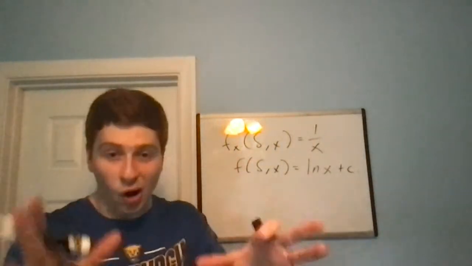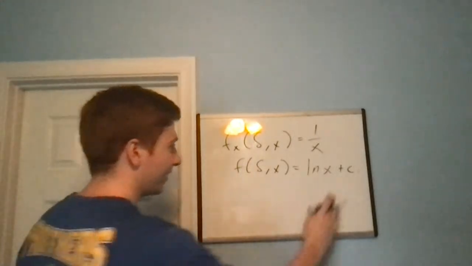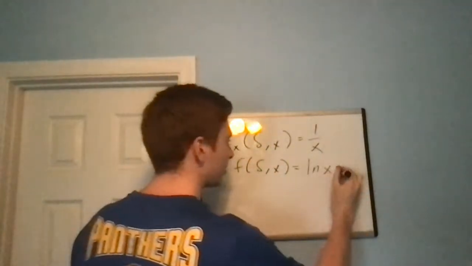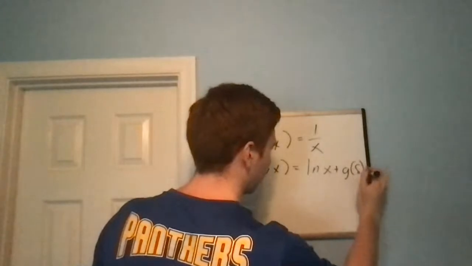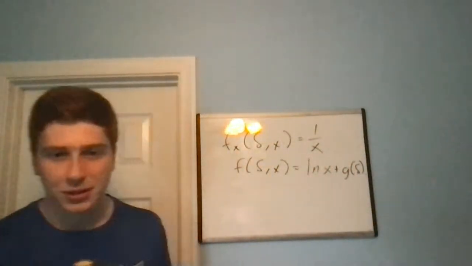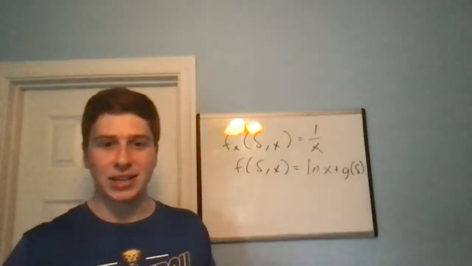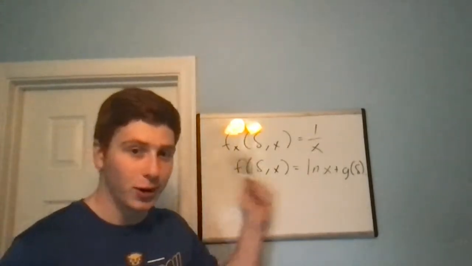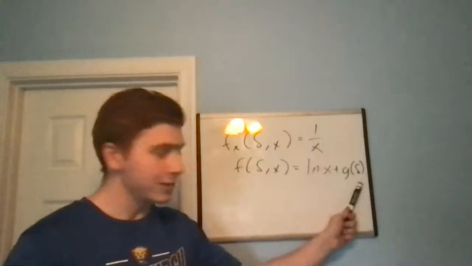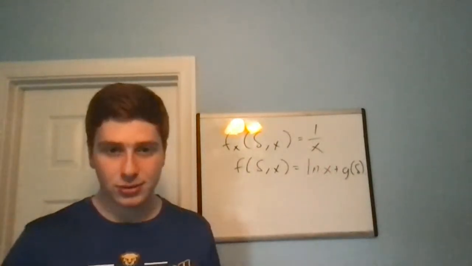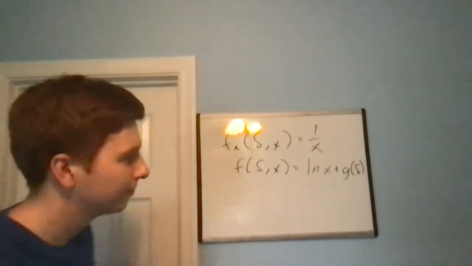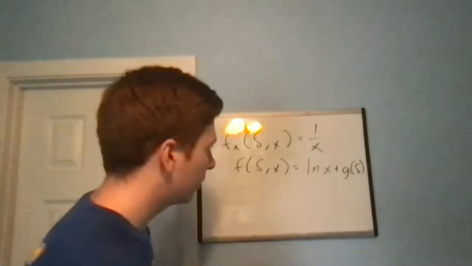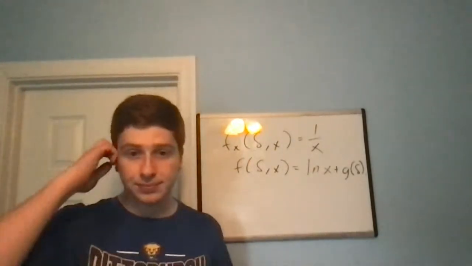This is a multivariable function, so this constant is a function of delta, g of delta. Don't forget your Calc 3 basics. When you integrate a multivariable function with respect to one variable, the constant is a function of all the other variables, okay?